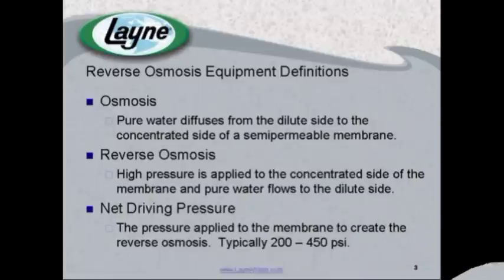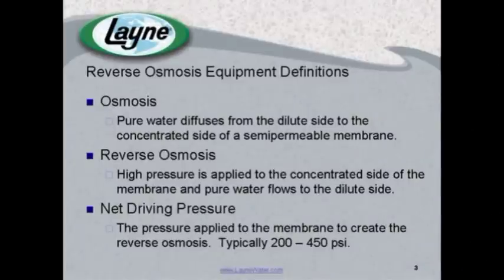Before we head into the details of actually designing reverse osmosis and those key considerations, I want to talk very briefly about what reverse osmosis is, where it comes from, and the fundamental principles of how it works.